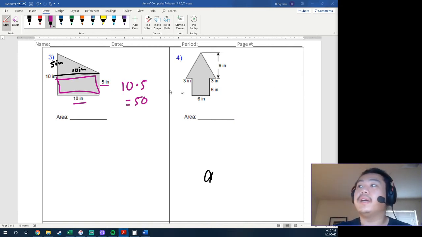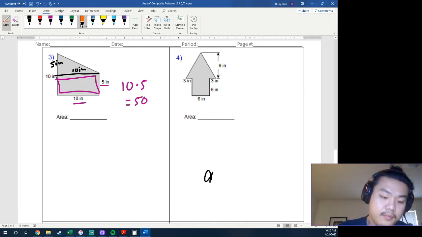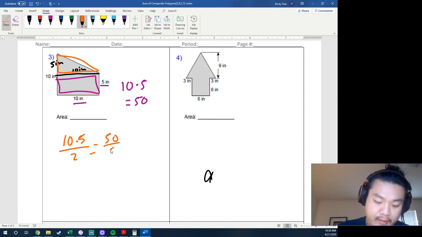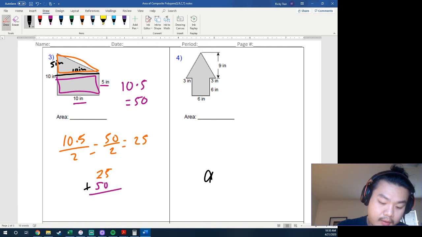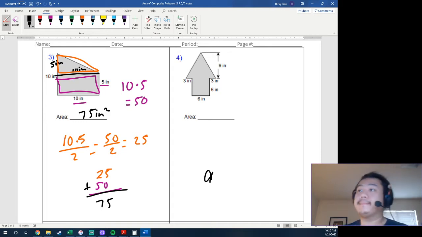And then we have here, which is still 10 times 5, but divided by 2, or 50 divided by 2, which is 25. Then we add 25 plus 50, and you get 75. 75 inches squared. Nice and easy.